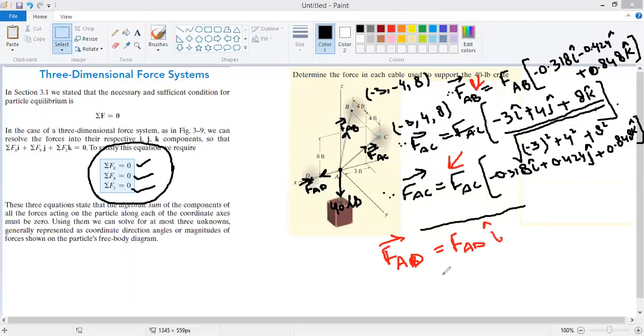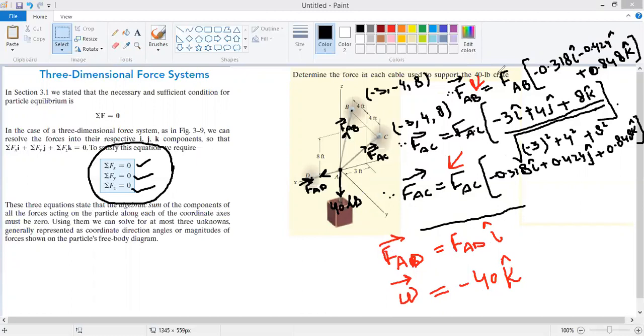It has no component along the y and z axes. And the weight of this crate is equal to 40 pounds, acting along the minus z axis, so it will be minus 40 k cap, where i, j, and k are the unit vectors along the x, y, and z axes. So these are our forces: this is our FAB, this is our FAC, this is FAD, and this is W.